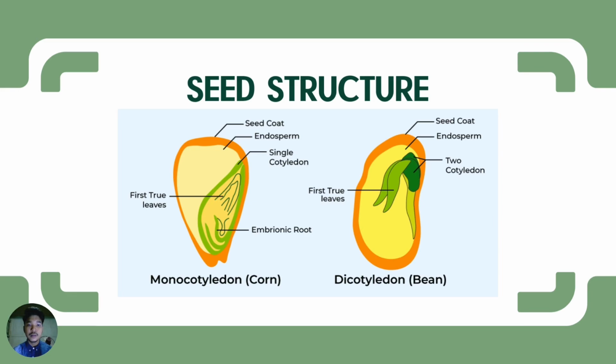Both seeds have their seed coat, endosperm, cotyledon, and first true leaf. The difference is only the cotyledon. Monocotyledon has one cotyledon and dicotyledon has two cotyledons.